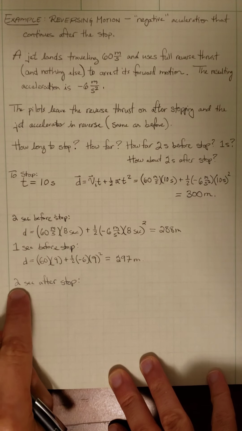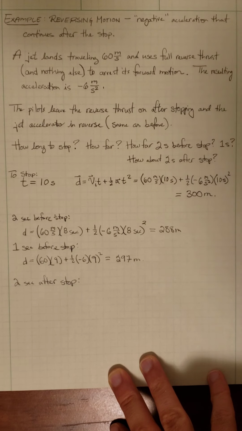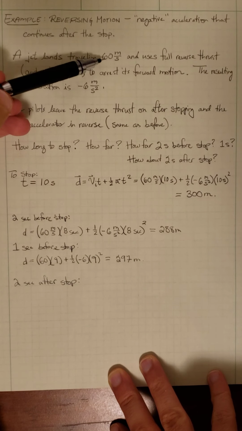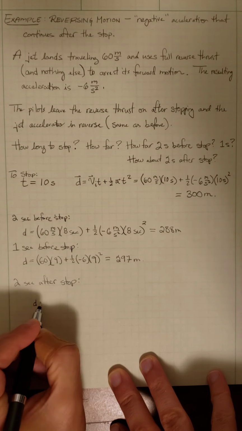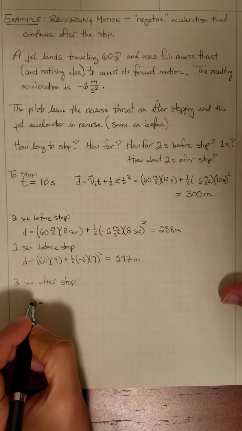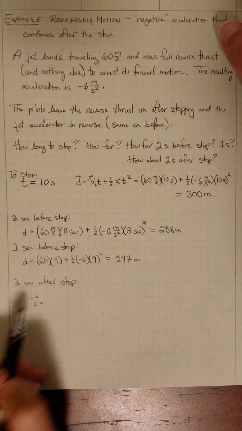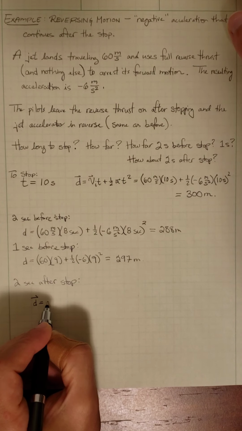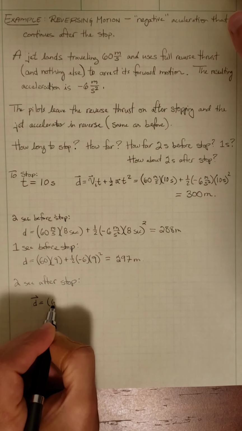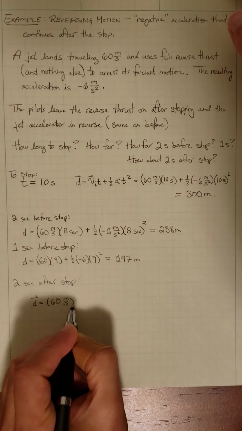So let's do it. 2 seconds after the stop is 12 seconds after we touched down with initial velocity 60 meters per second. So we have d, and now it becomes kind of key to write this as the displacement, a clear position vector. Initial velocity is still 60 meters per second.